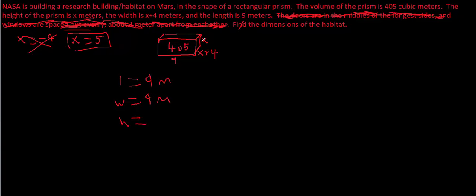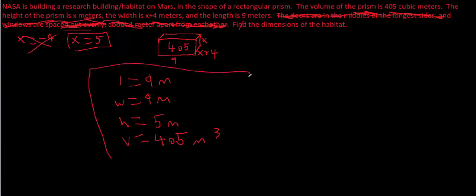And the height being x meters, which is 5 meters. And of course, the volume is equal to 405 meters cubed. And that, my friends, is your final answer. And it makes you very happy.